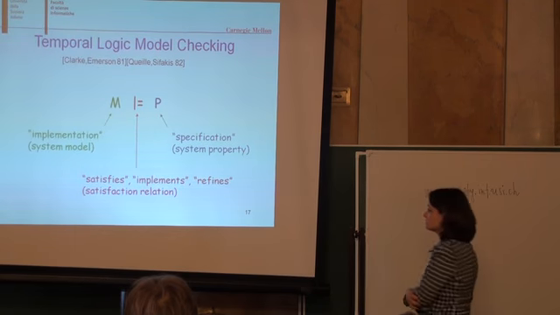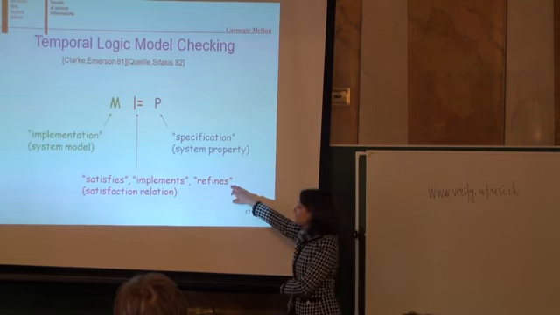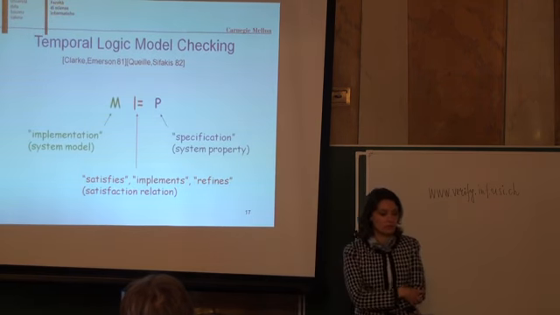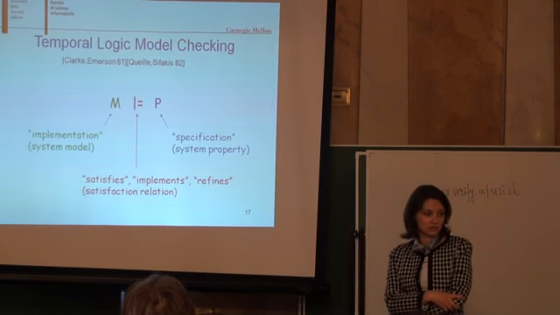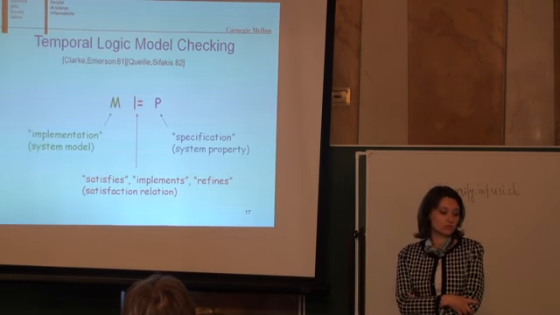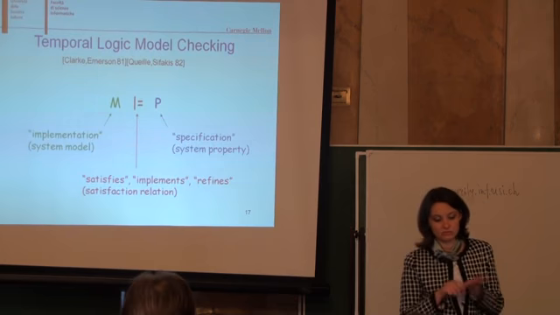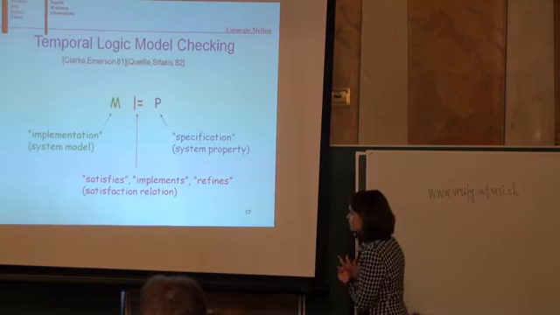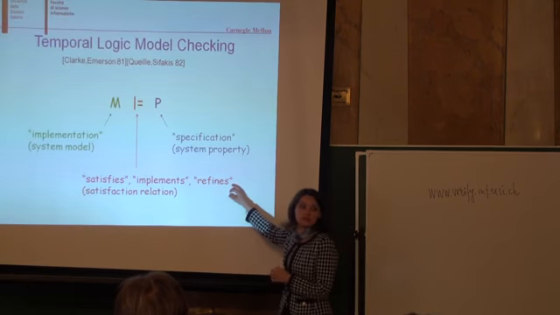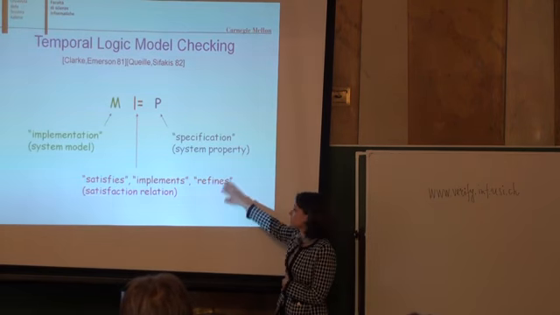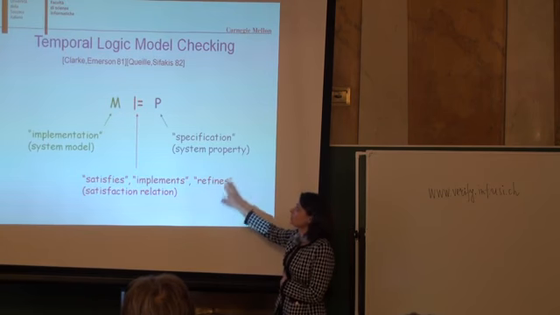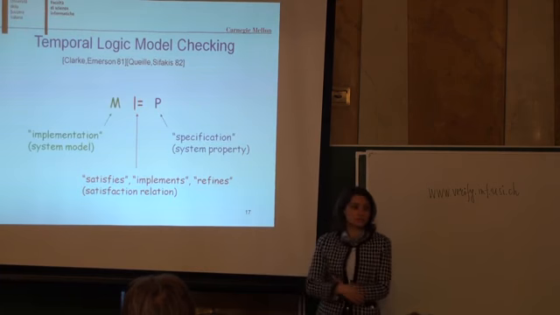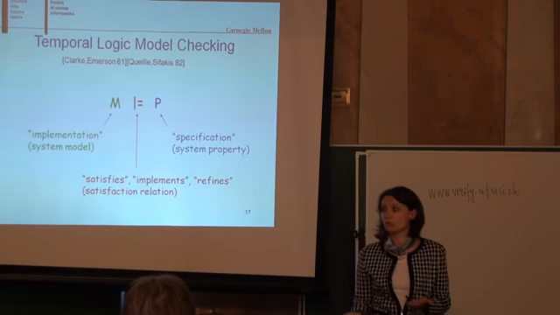This satisfaction relation, or implementation or refinement relation, is essentially the algorithm which implements a particular graph traversal. Depending on the model you're using and the property you're using, you might have different algorithms. So there is a whole bunch of different techniques in this area of model checking, and putting it all together constitutes the area of research we are all working on.